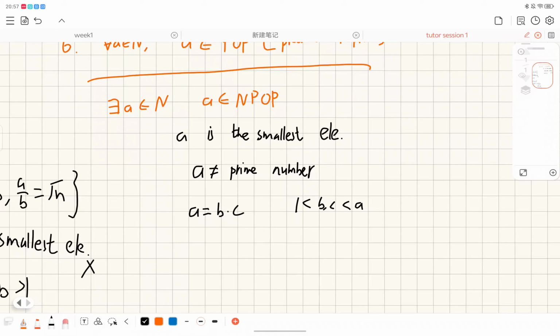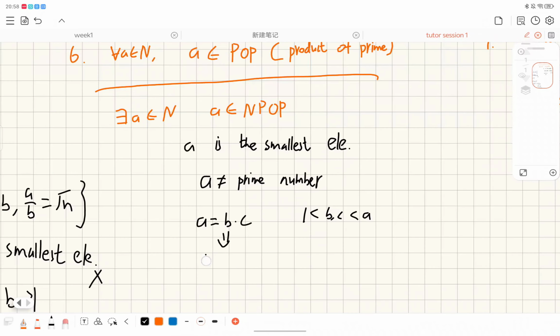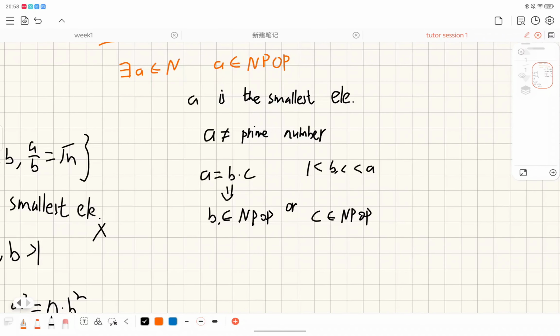However, as a cannot be represented as a product of primes, POP, both b and c should be inside NPOP. So what can we know? We know that b is inside NPOP, and c is inside NPOP. Why?